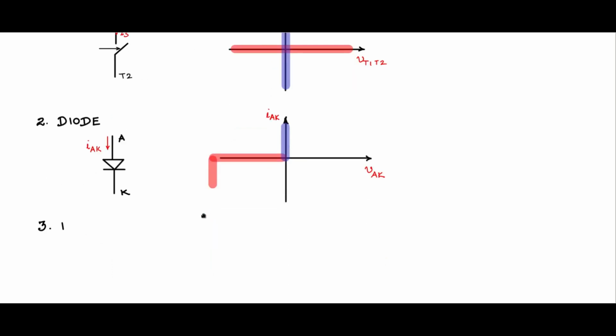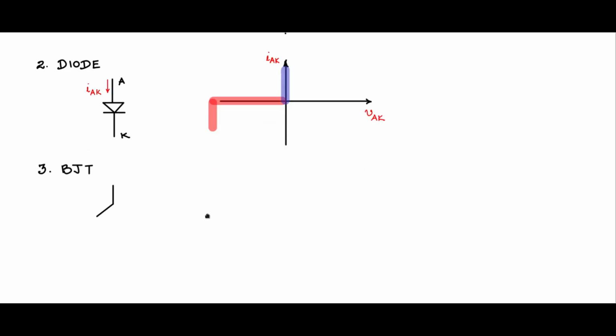Next let us see the BJT. The BJT has a symbol like this, with collector and emitter. This is an NPN BJT. You have the base current and you have the collector current. So let us draw the IV characteristic. The x-axis is VCE, the voltage across the device, and the y-axis is IC, the collector current.